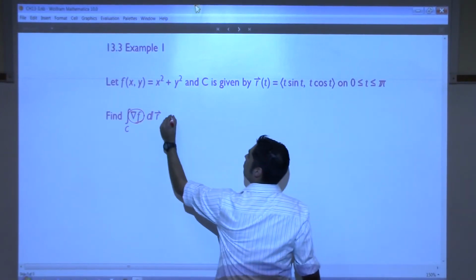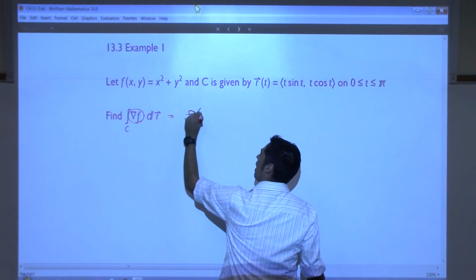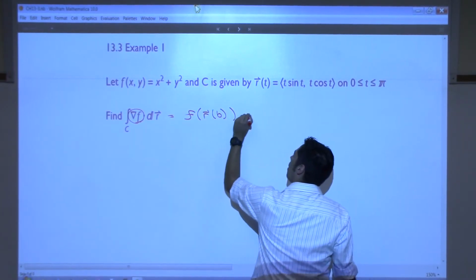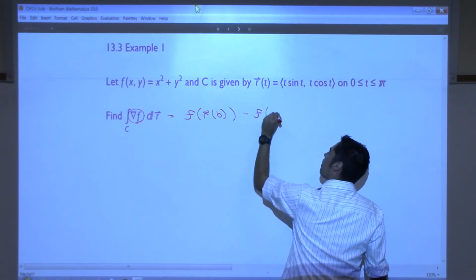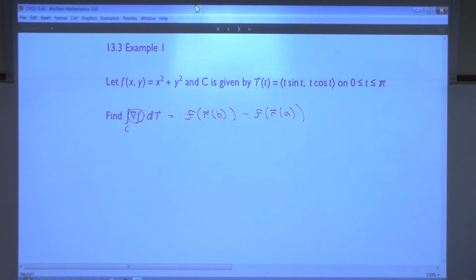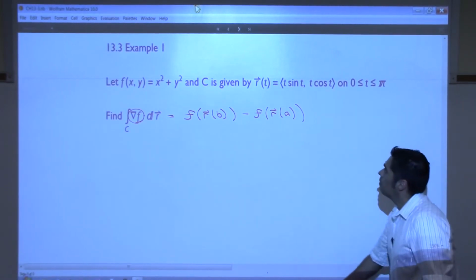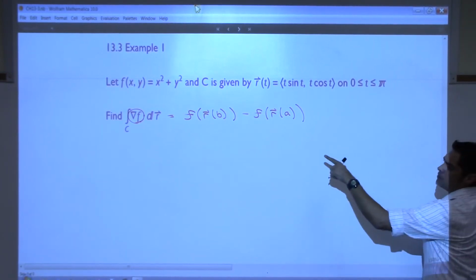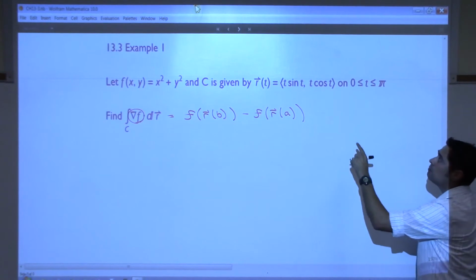So all I have to do is evaluate f at the two endpoints of the curve. Understand? Now, what is r of b? Well, what's a, what's b here?